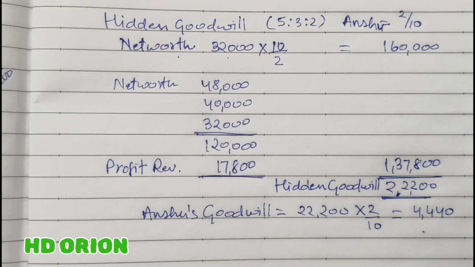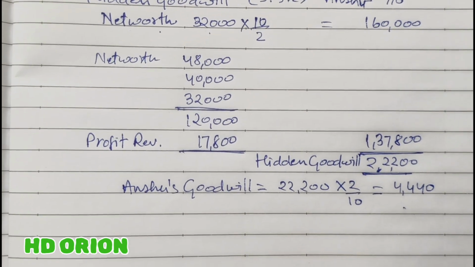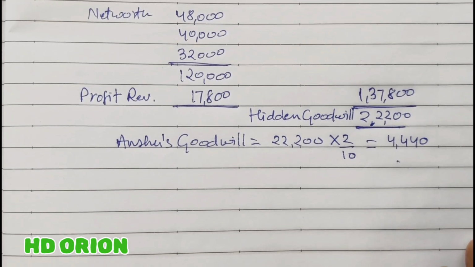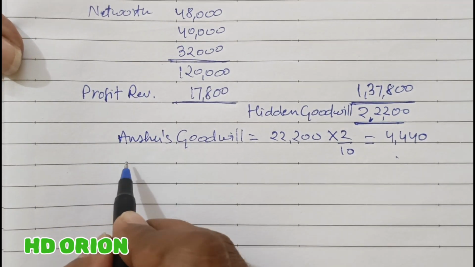And because the old ratio and the new ratio of old partners are different, therefore we will have to calculate the sacrificing ratio as well. So the old ratio is how much?